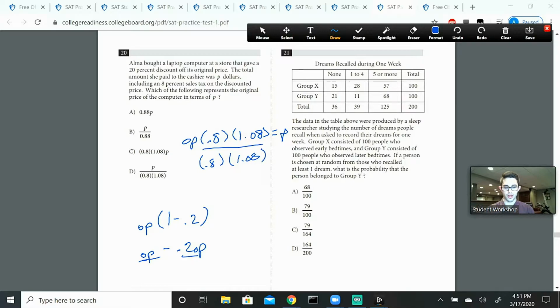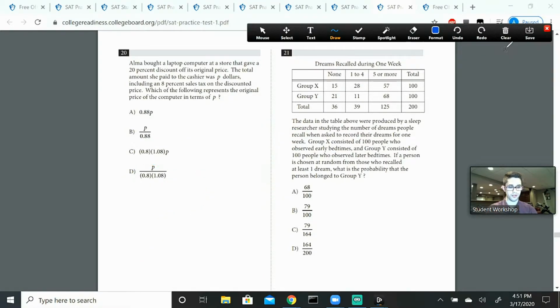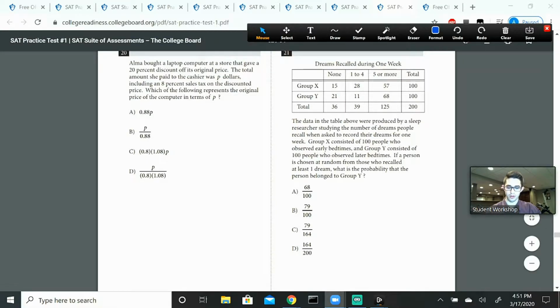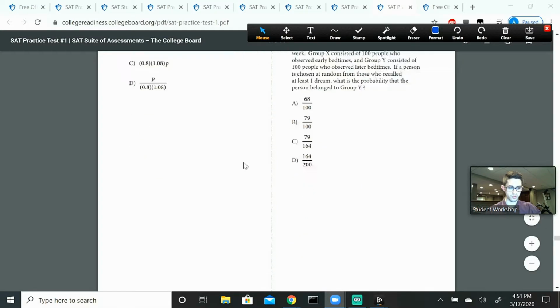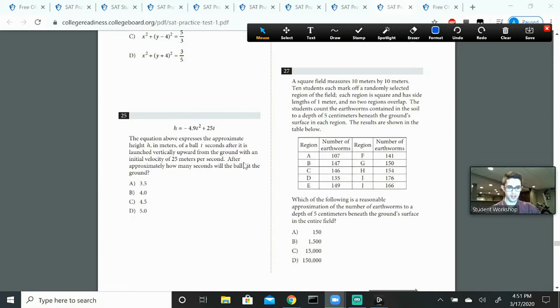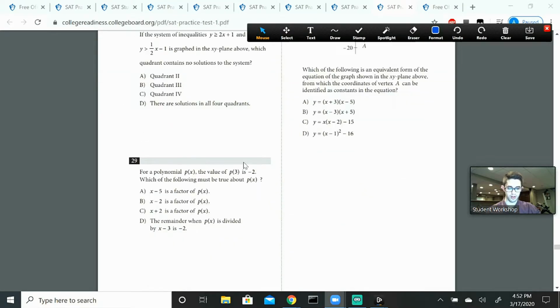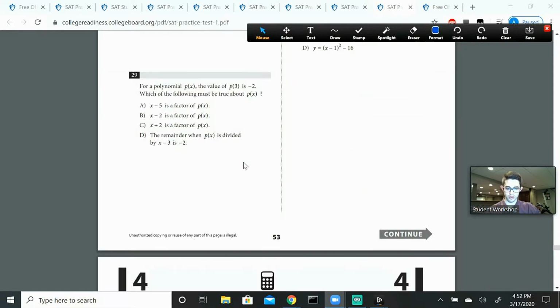So those both cancel, and we're just going to end up with OP equals P over 0.8 times 1.08, which is that one right there. So no guessing necessary. If we set up that original equation, we can do pretty simple algebra and get our answer.